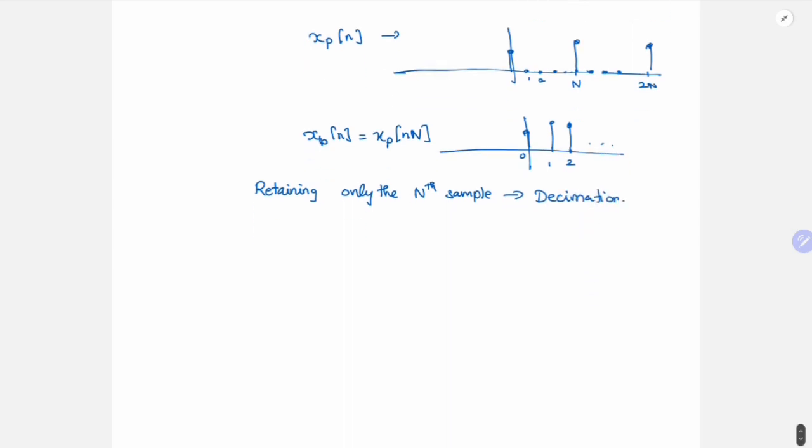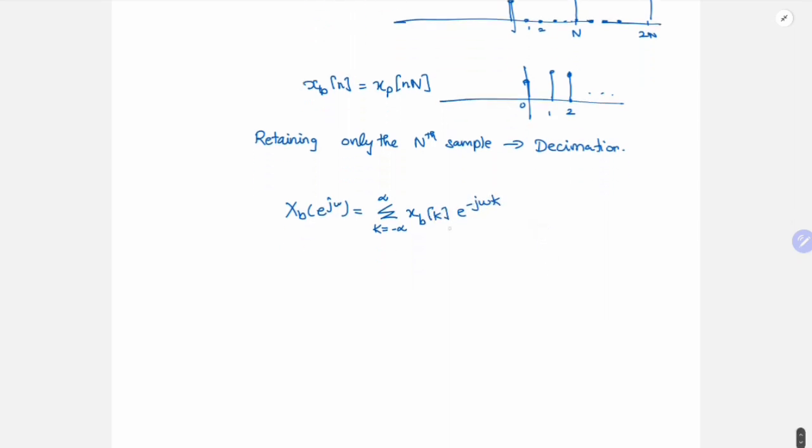So now let us see the relation in the frequency domain. My xb of e per j omega is nothing but summation k equal to minus infinity to infinity xb of k e per minus j omega k. And my xb of k I know from this is equal to summation k equal to minus infinity to infinity xp of k times n into e per minus j omega k.